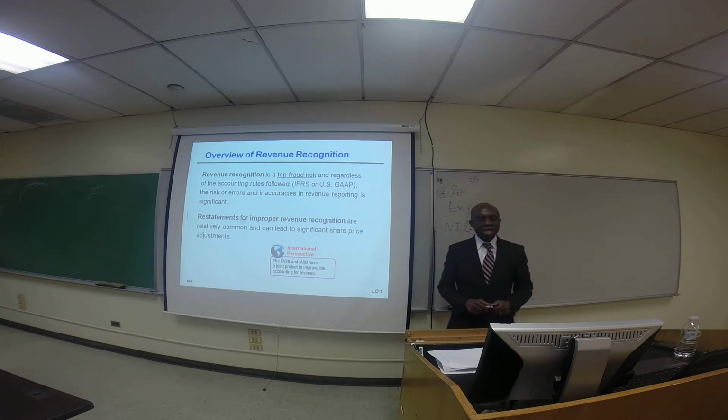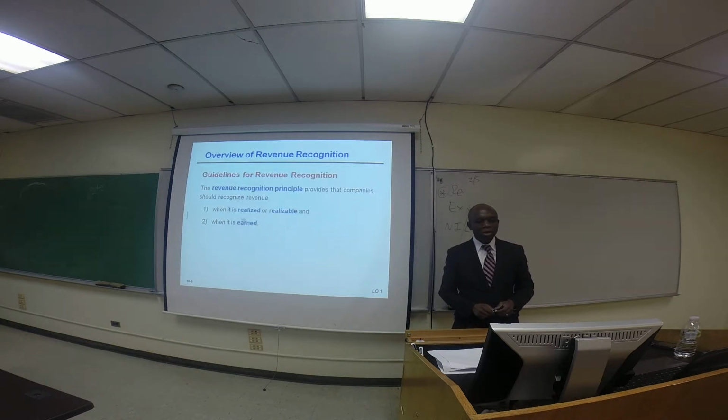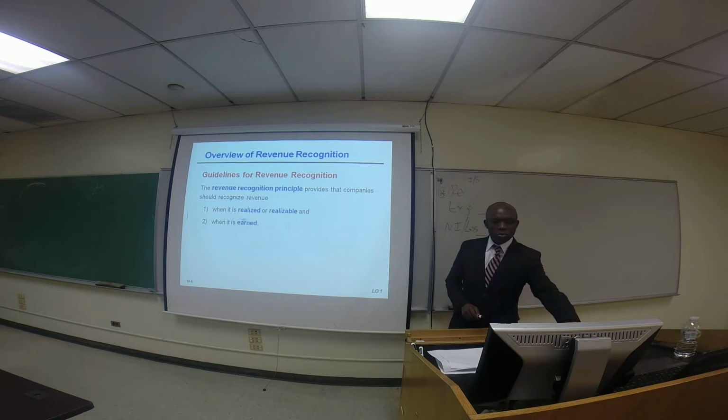So at the end of the day, it is not unusual at all for companies to revise their income statement or to revise their revenue recognition. We call that restatement.